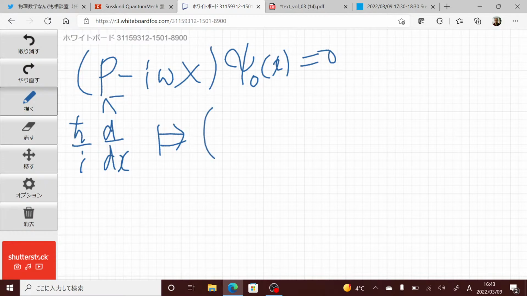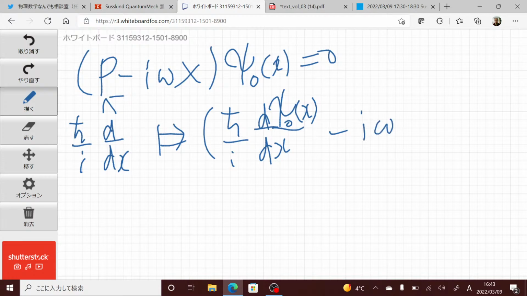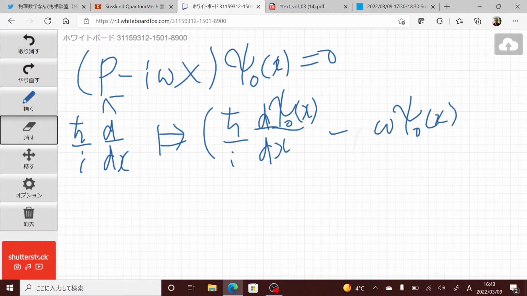We have i h bar d psi 0 dx minus i omega x psi 0 of x, here I forgot x, equals 0.